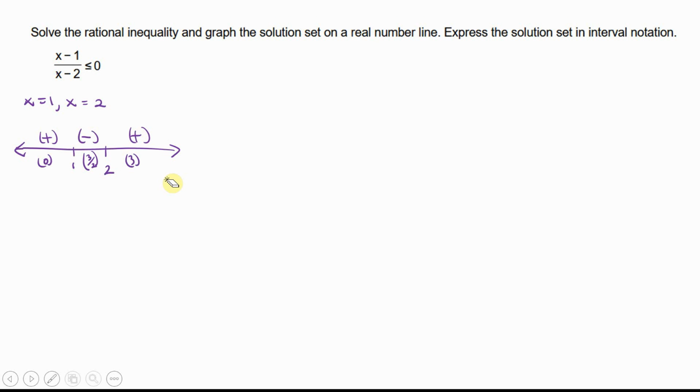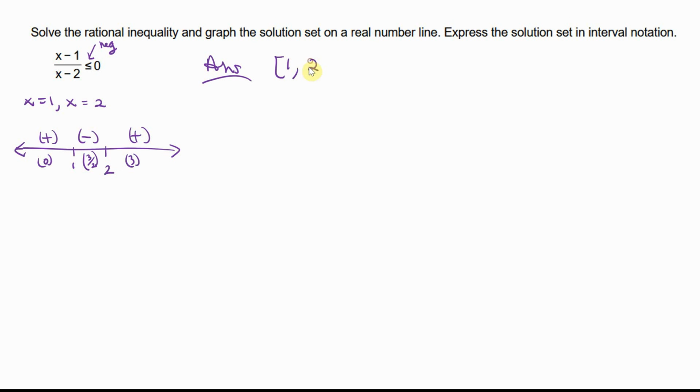All right. So where is it positive? Well, I'm sorry, where is it negative? Because this says less than, right? So you want the negative interval. That's that one in between. So here, this goes from 1 to 2. So our answer, the interval will go from 1. It's going to include 1.